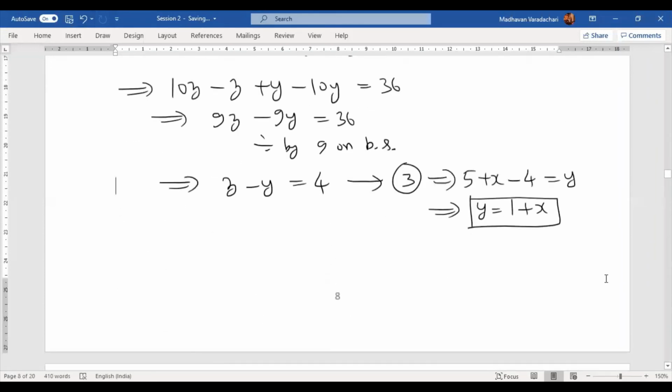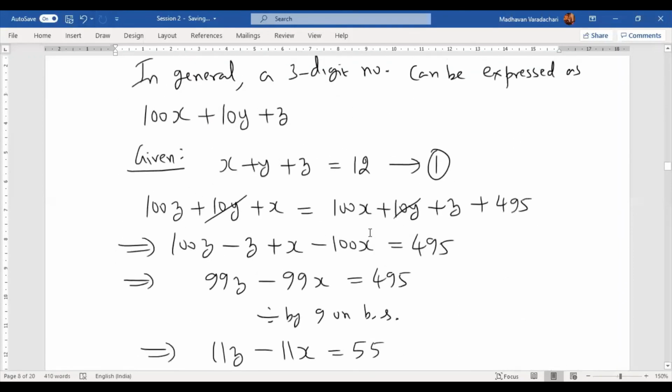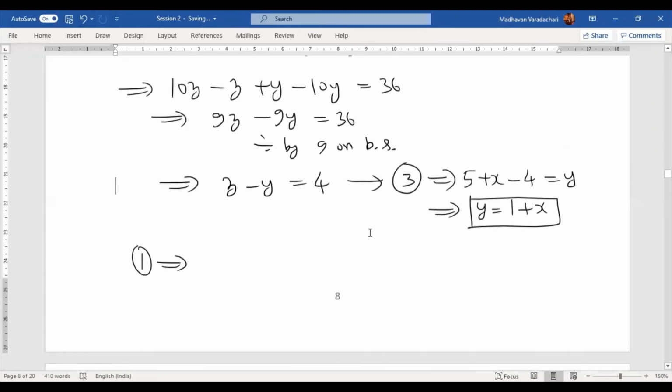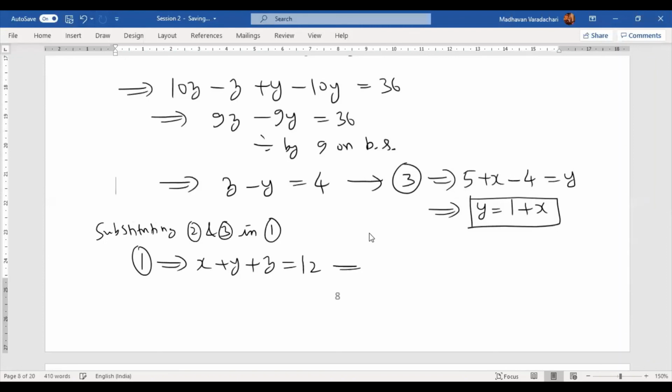What is the first equation? x plus y plus z is 12. Substituting 2 and 3 in 1, x plus, what is y?